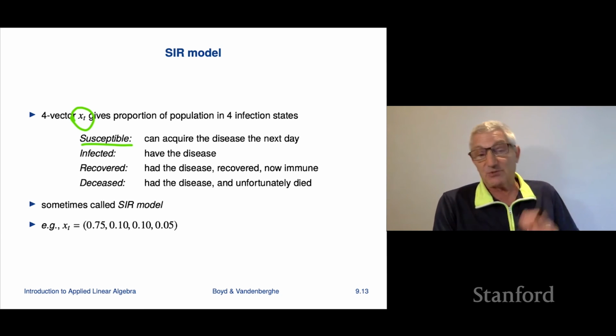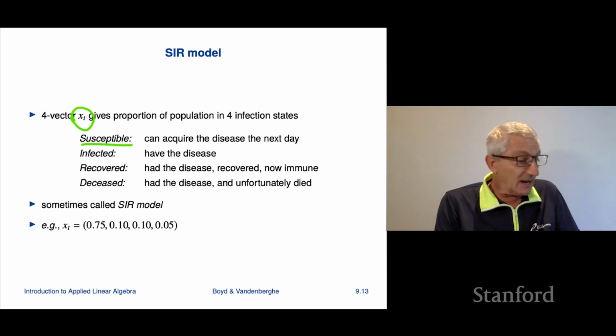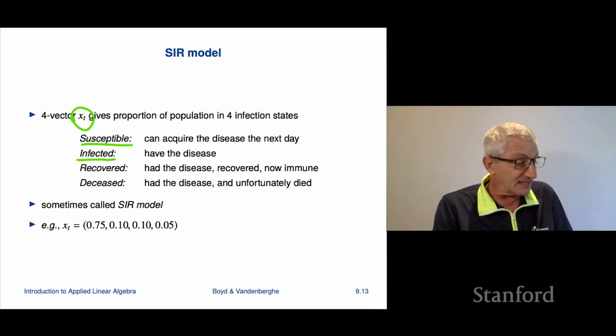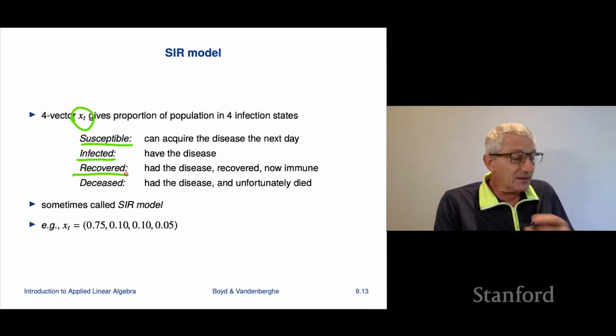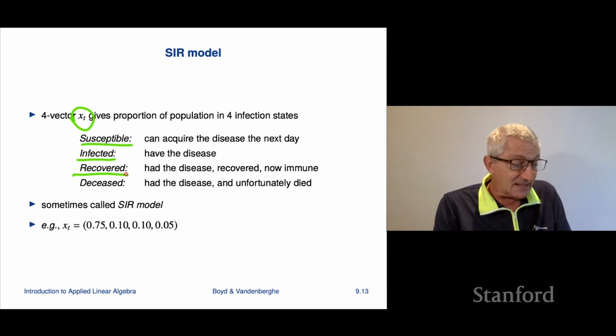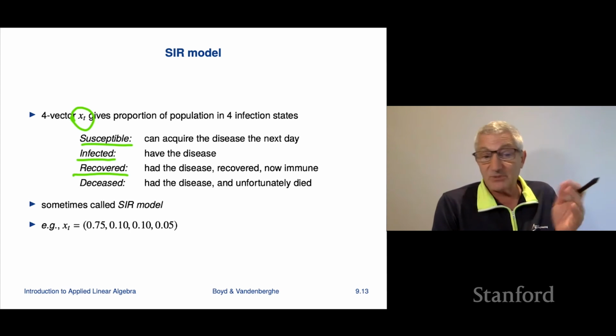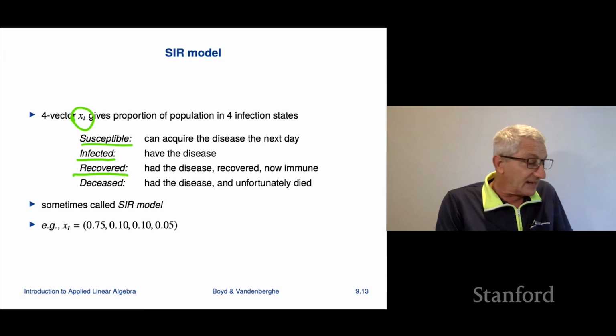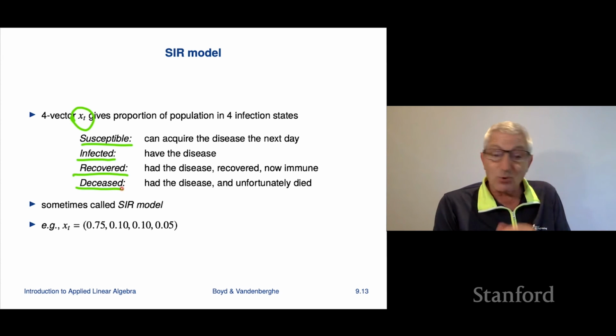You could be infected, which is another fraction, and that means you actively have the disease in that time period. Recovered means you had the disease and you're now immune. And then finally, we have deceased. That's the number of people who had the disease and unfortunately died.